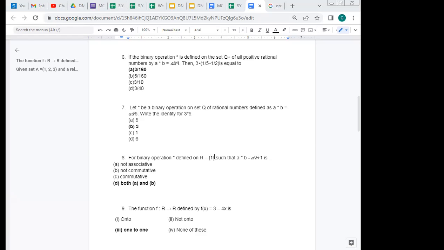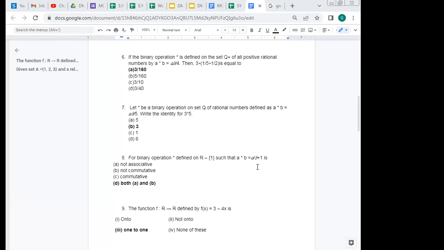So what we have to do is, considering this set from 2, 3, 4, like that, all those numbers will be there. How it is defined is A star B is equal to A by B plus 1.